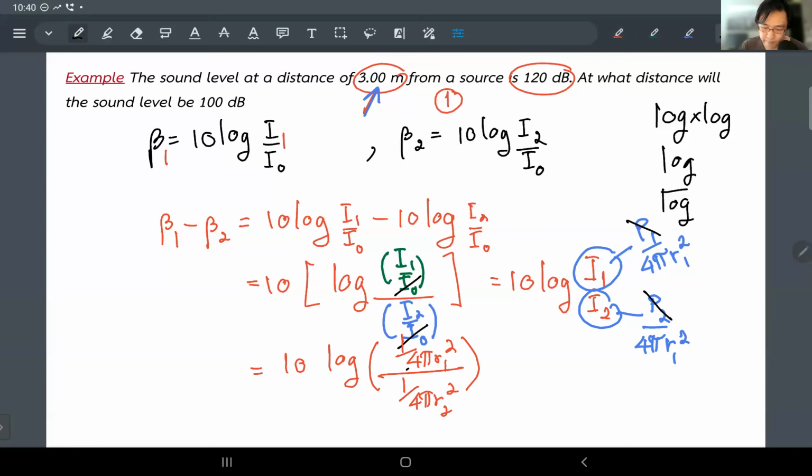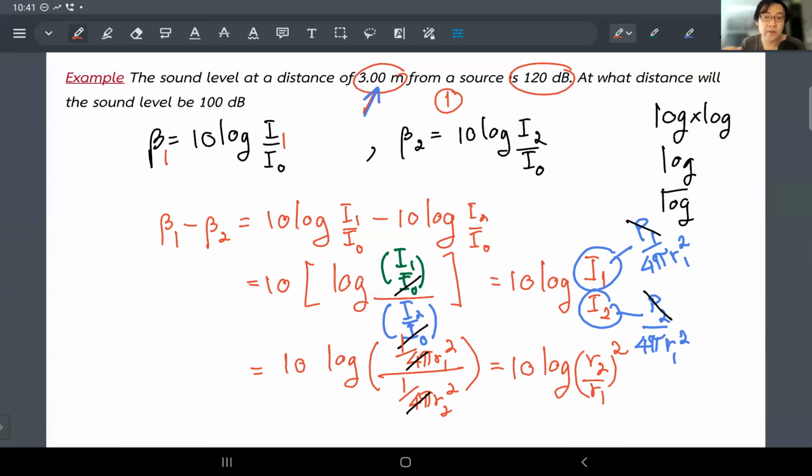No problem. Bam, bam. I can flip that r2 square up. So your final expression that can be used is going to be r2 over r1, the whole thing squared. That's how you get the relationship from the intensity level, decibel, all the way to the distance r.